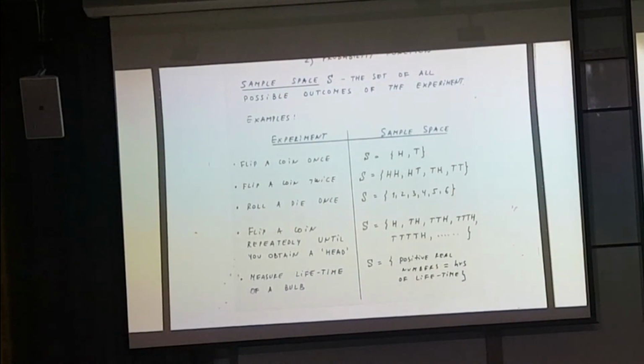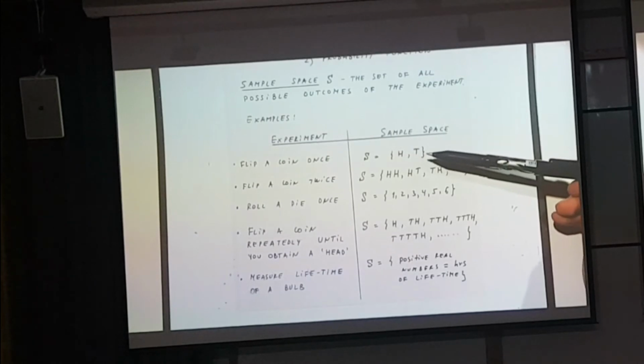So it's TH, that's the second possible outcome in this experiment, and so on. TTH, TTTH, and so on. And here you're not told when to quit and give up. You're supposed to, in this idealized situation, do it as long as necessary. So there will be elements in this set which correspond to any number of attempts which yielded tails before you obtain heads. So you have infinitely many elements in this sample space.